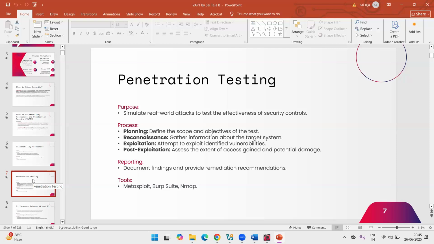Basically, we will have an NDA, a non-disclosure agreement, if you are working for some client, and you should not disclose any kind of vulnerabilities anywhere, right? They are very sensitive information. We have a code of ethics, right? So we are good people, right? That is very, very, very important, right?